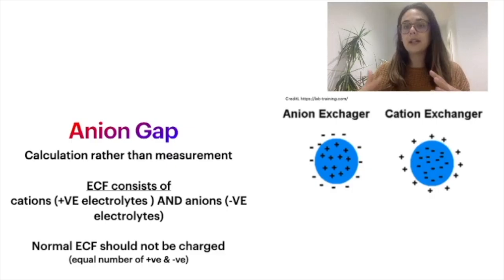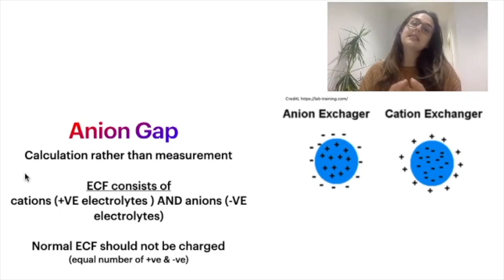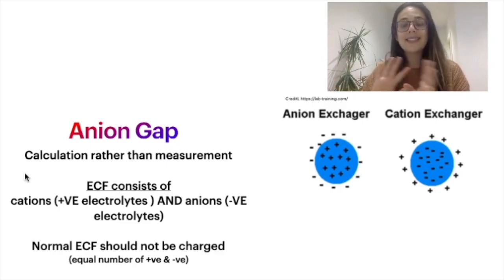But it's actually more of a calculation of the electrolytes that are in the patient's blood, rather than an actual figure like the blood gas. That's the first thing to note. Extracellular fluid, this ECF here, is fluid that is outside our cells. It's not within our cells, that's the intracellular fluid. It's the fluid around our cells and also the fluid within our blood vessels.